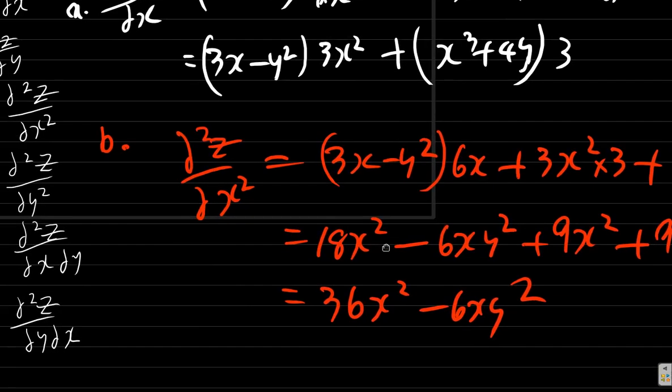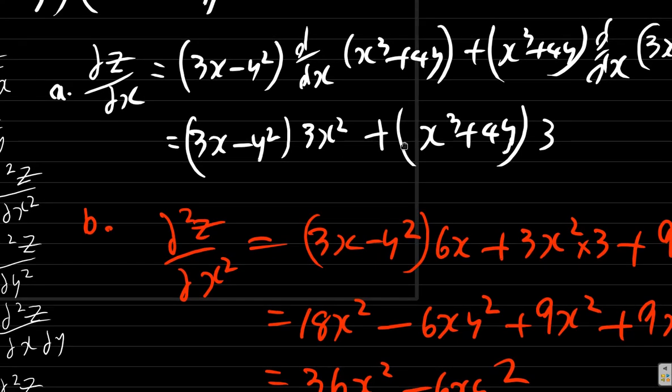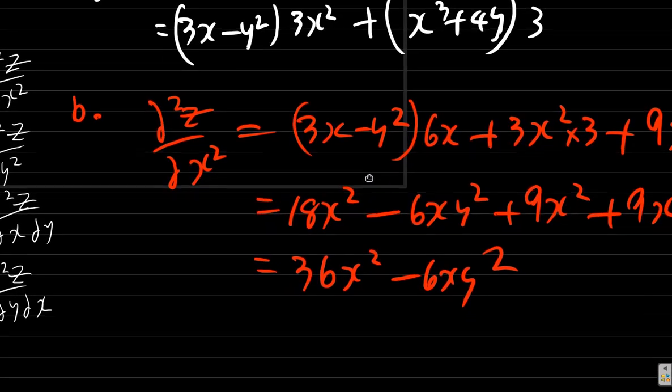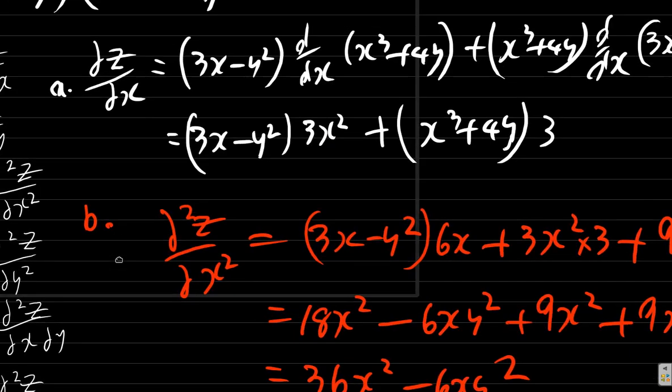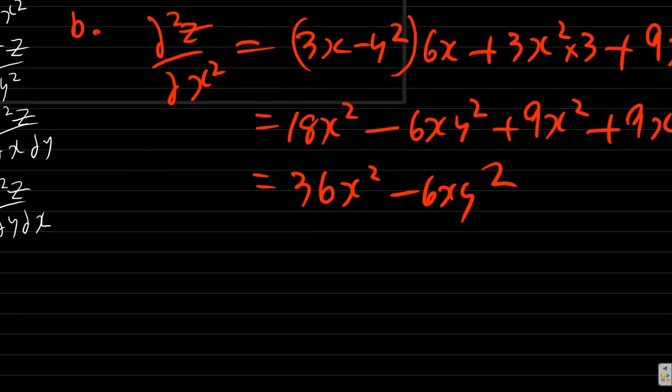Now, suppose you multiply out the brackets and then differentiate. What would happen? What we'll have here is delta z by delta x.